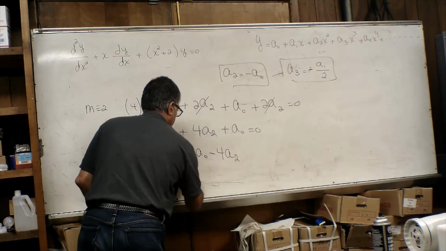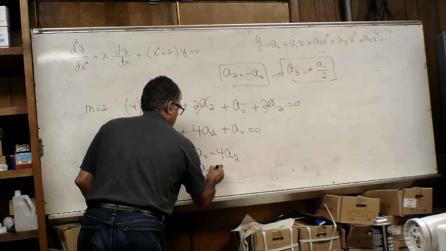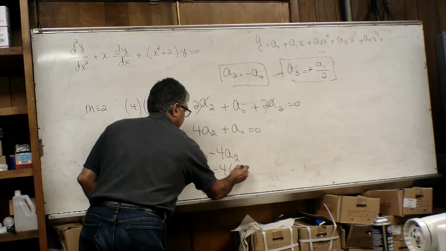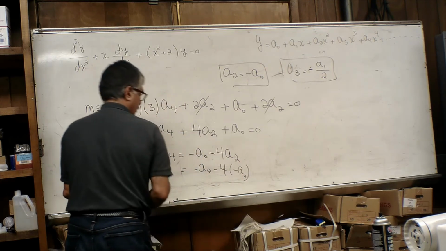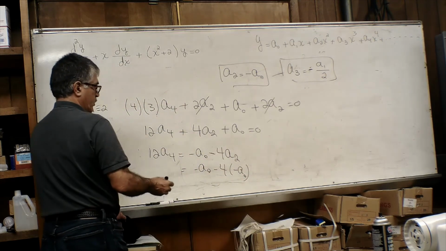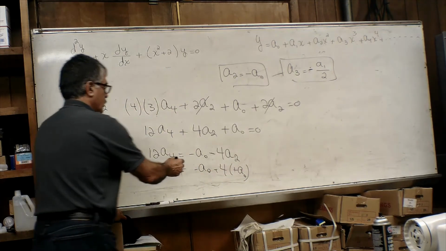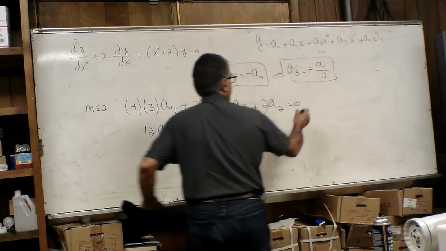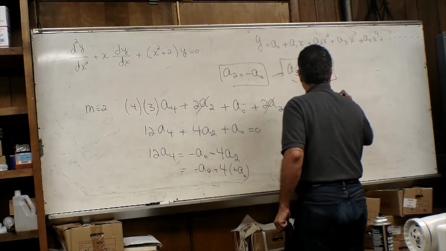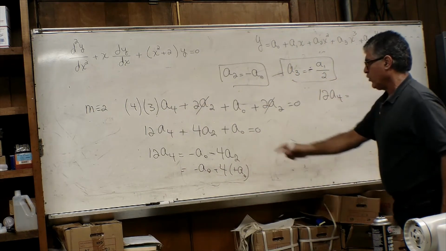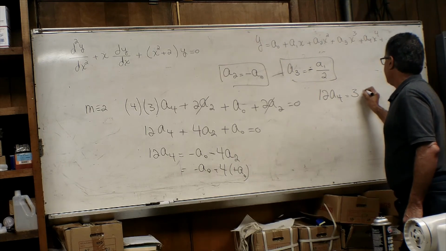So this will be minus a0 minus 4 times minus a0. Minus times minus will be positive, so 12a4 will be equal to 3a0.